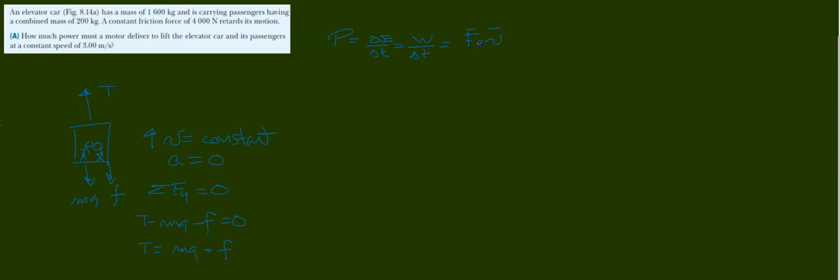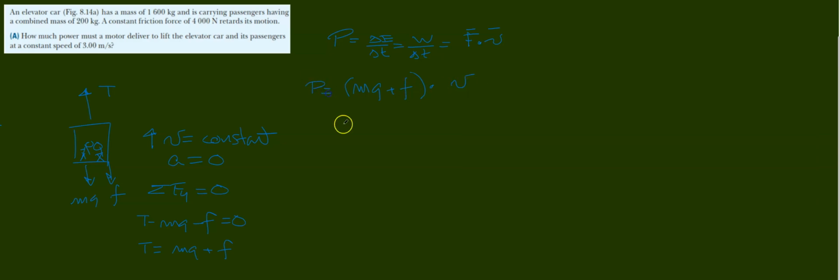This has to be a dot product because it comes from the dot product of the work. The force is the tension, dot the velocity, which is given. You see these two vectors, the tension vector and the velocity vector, are parallel.